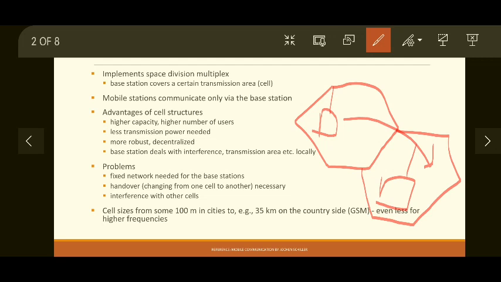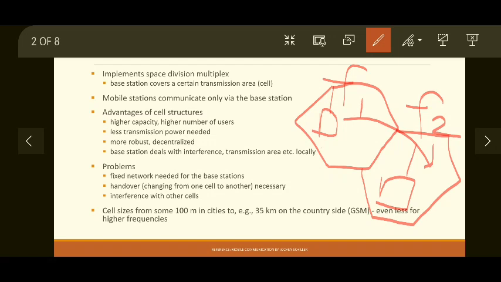So each base station will have a different frequency set available to it. Let's say this base station has a set of frequencies denoted by F1, and this one has a set of frequencies denoted by F2. When a user moves from the first cell to the second cell, his communication channel has to be moved from F1 to F2.